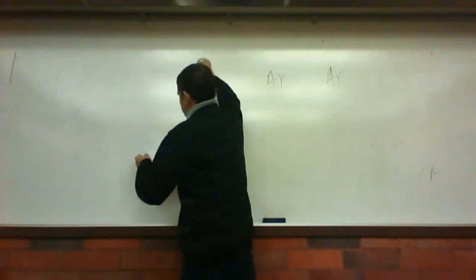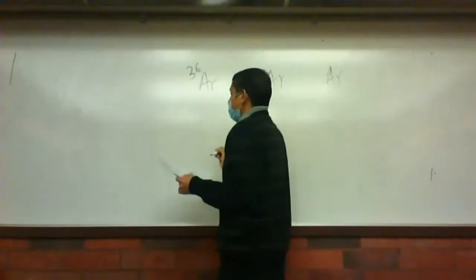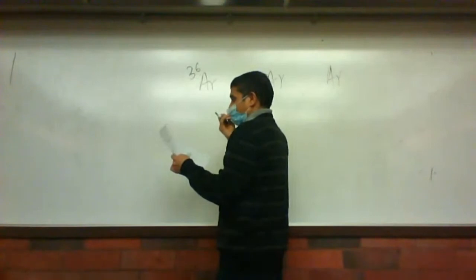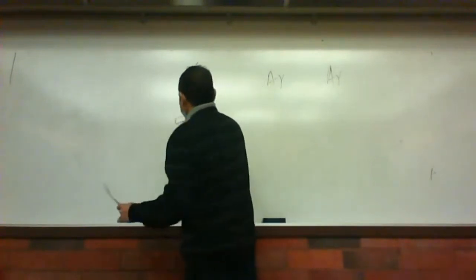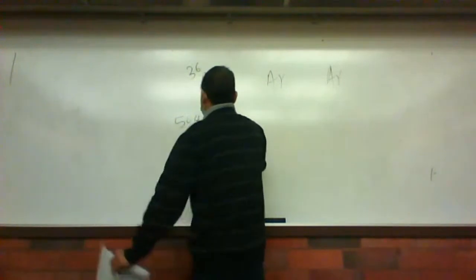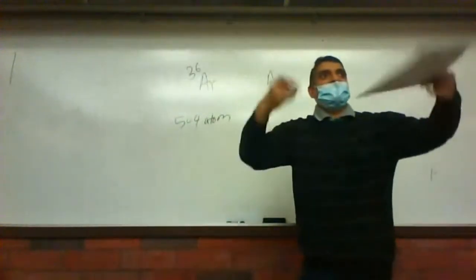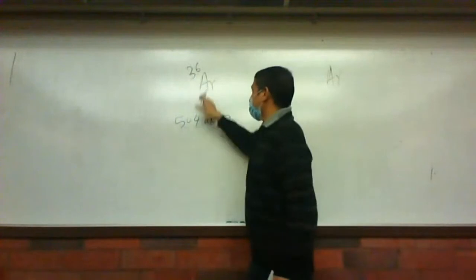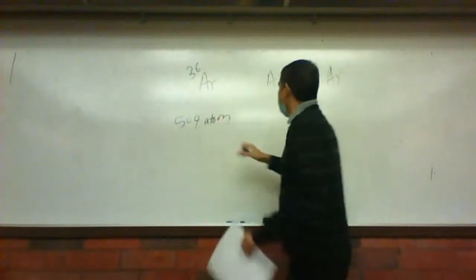So this was 36, proton plus neutron 36. This type of argon atom, they counted, was 504 atoms. So they collected some argon atoms and started to count how many of this kind of atom there are. There were 504 atoms of this kind.